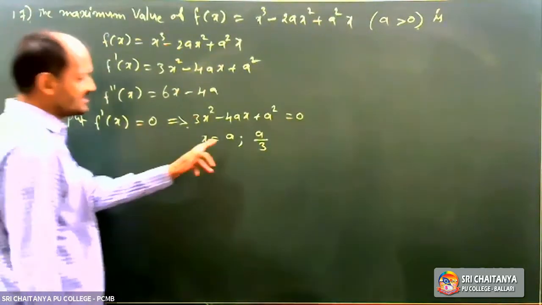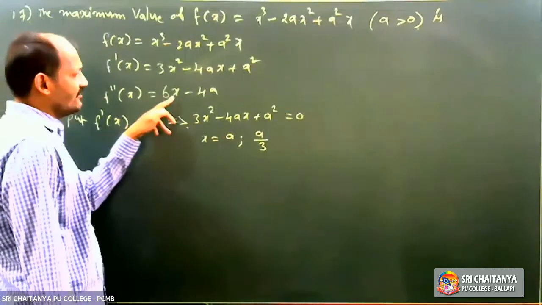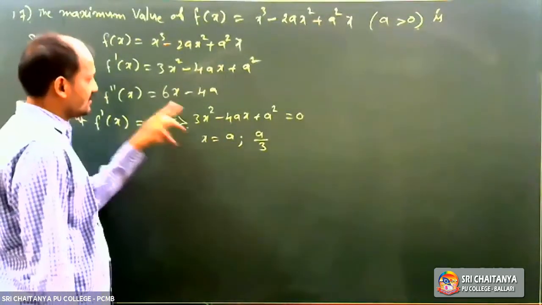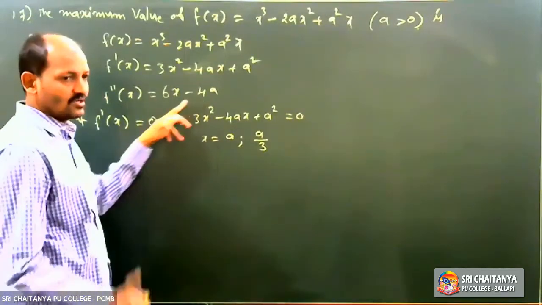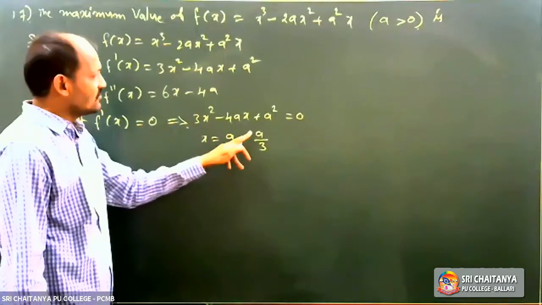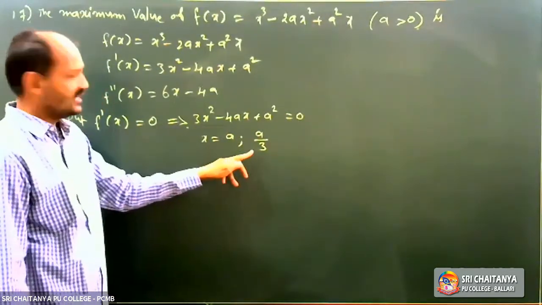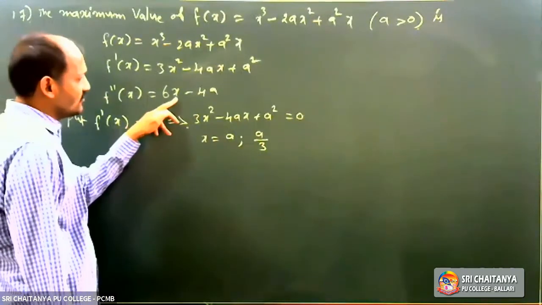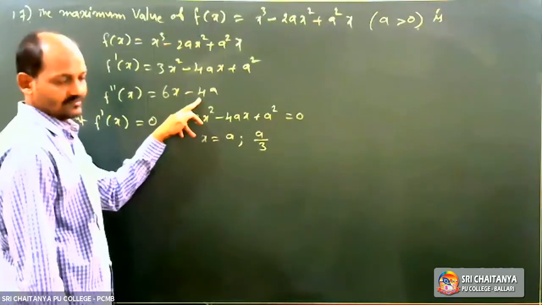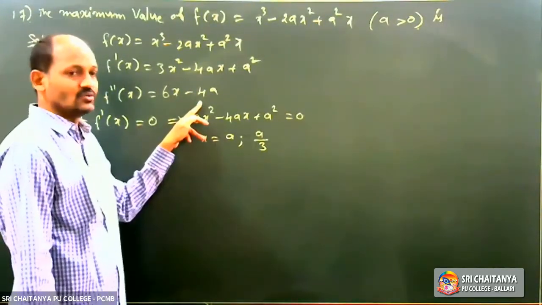At x equal to a, consider the second order derivative: 6a minus 4a, 2a, a positive value. If x is equal to a by 3, 6 into a by 3 means 2a minus 4a, it will be minus 2a.